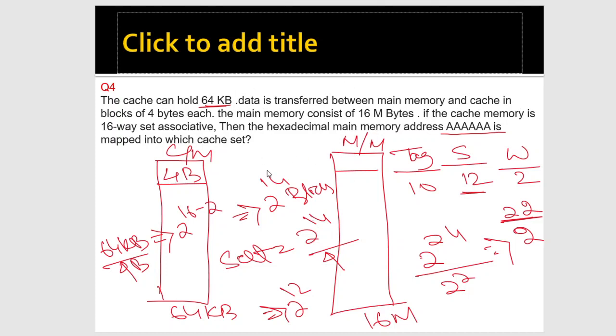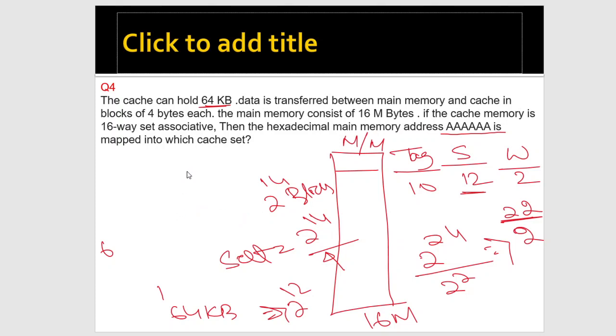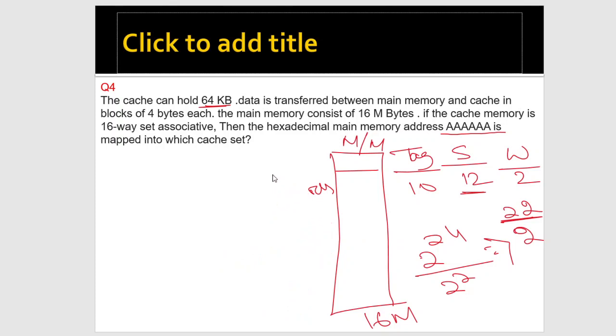Next, what is the next piece of information asking? A particular block address will map to which memory address, a particular memory address. The memory address is a word address, and it is in hexadecimal form.